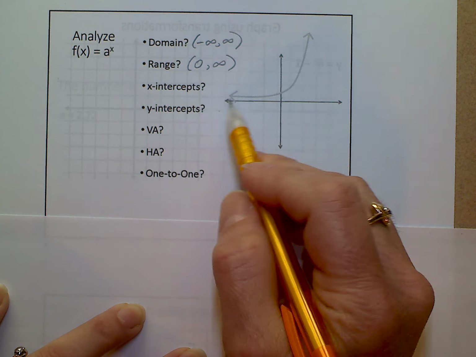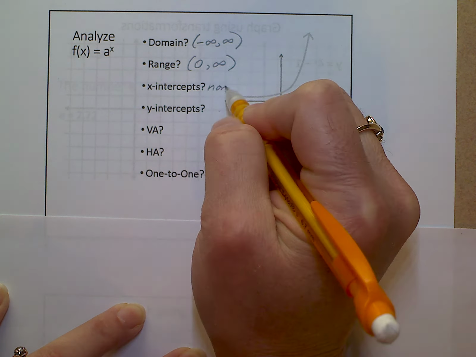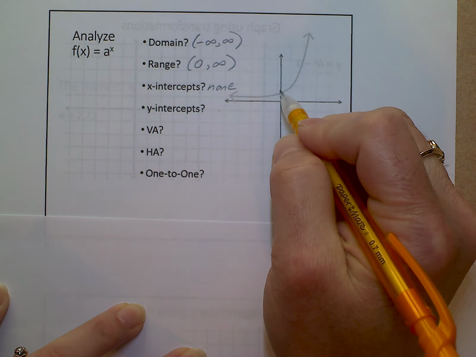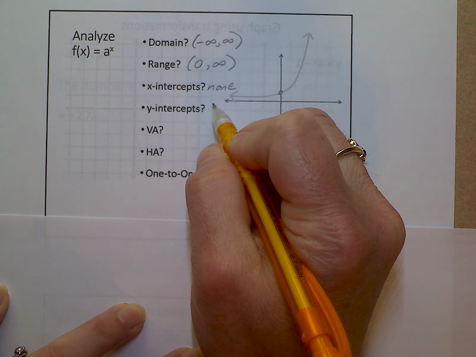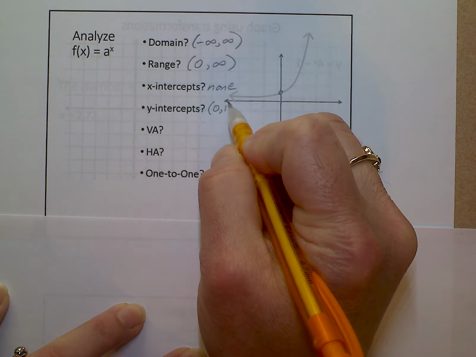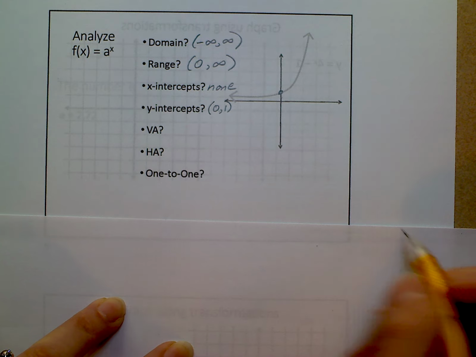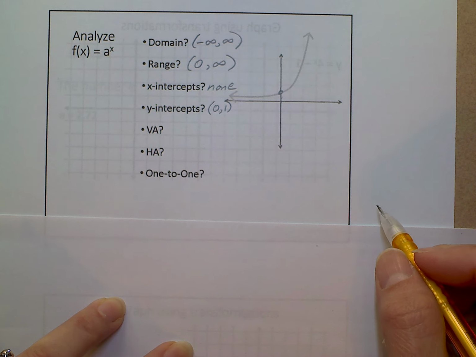X-intercepts, is it ever going to cross the x-axis? No. Y-intercept, does it cross the y-axis? Yes. Do you see where? At 1, every single time. It's going to cross the y-axis at 1, unless we move it, but this is just a to the x. Does it have a vertical asymptote?